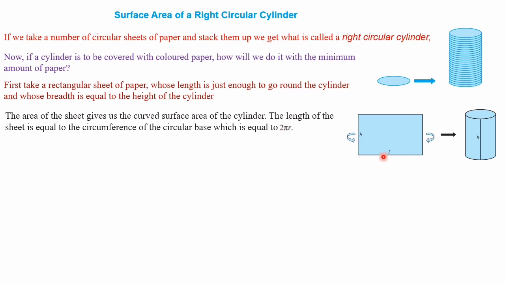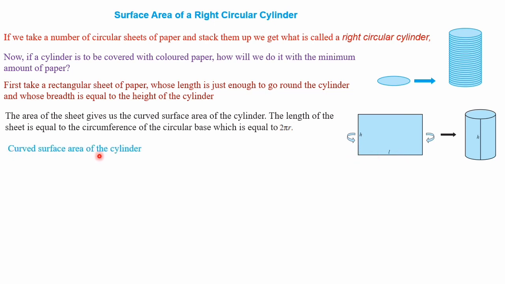This portion, when we bring it around, covers the circular portion entirely. The boundary of the circle is called the circumference, which is equal to 2 pi r.